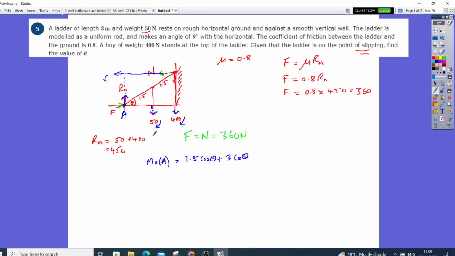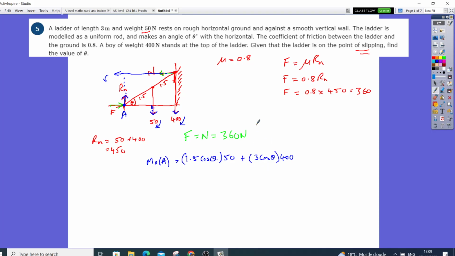Oh yeah, sorry, I've made a mistake here, let's go back. That is the distance. What I haven't done is multiply it. I must multiply that by the weight, which is 50, the force. And the one that I had before was 3 cos theta. That is the distance, 3 cos theta, because 3 is the hypotenuse, times cos theta. And that's going to be multiplied by the weight, which is 400.